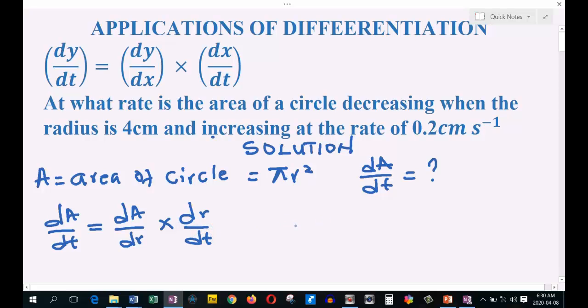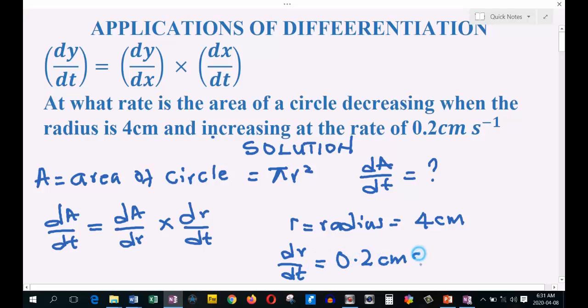Let us start giving our parameters. Our radius, which is r, is equal to 4 centimeter. The rate at which our radius is increasing is given as 0.2 centimeter per second.